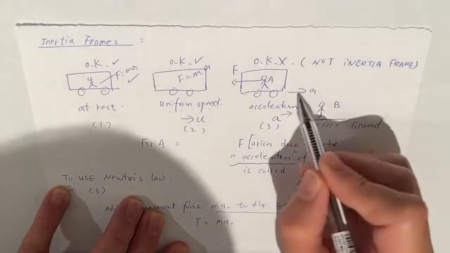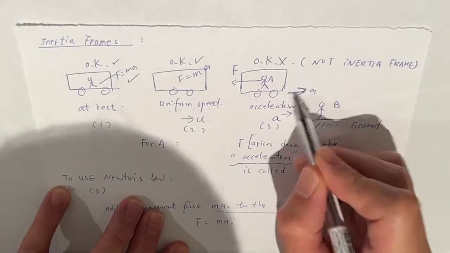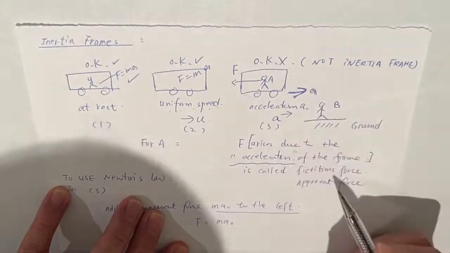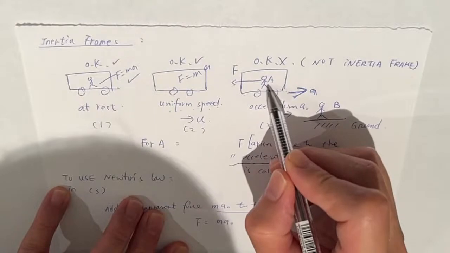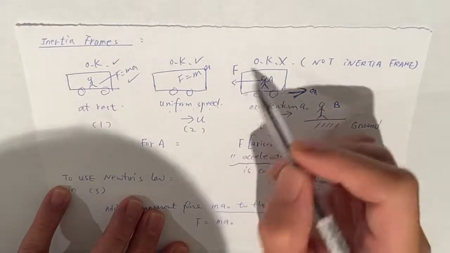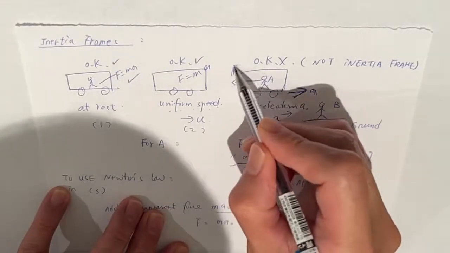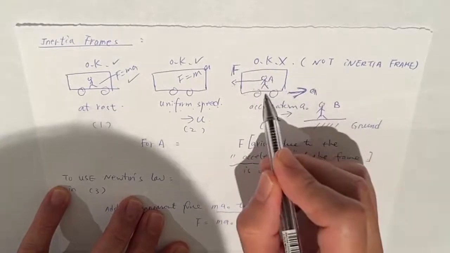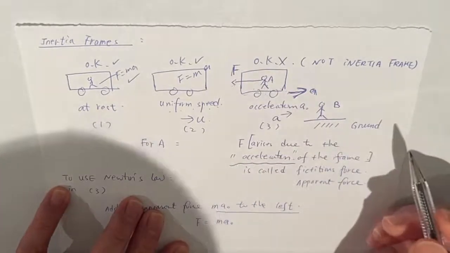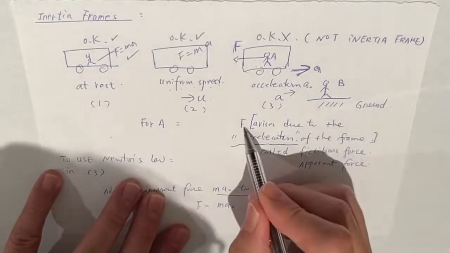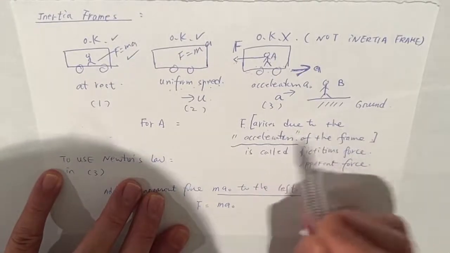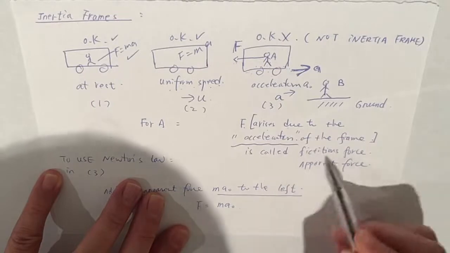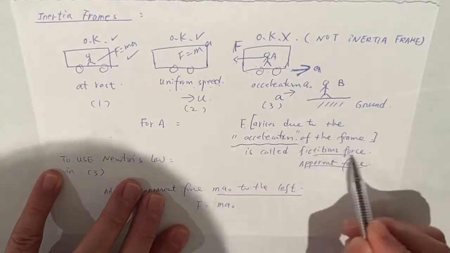So when the frame is moving forward, for the person inside the train, you may regard there is another force, F, acting on this person. And this force arises due to the acceleration of the frame and is called fictitious force or apparent force.